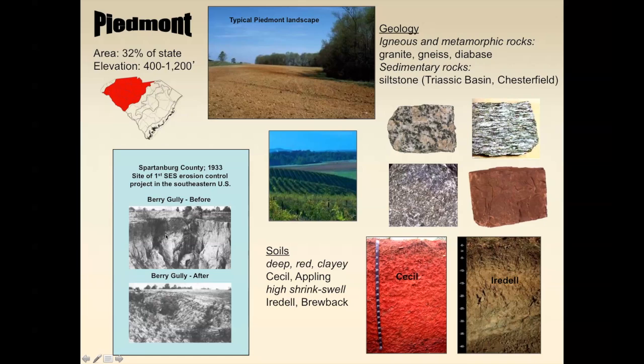So you can see the Berry Gully. A lot of the influence on Hugh Hammond Bennett, who started the Soil Conservation Service in the 1930s, came from this part of the world, and so he saw this kind of erosion firsthand.